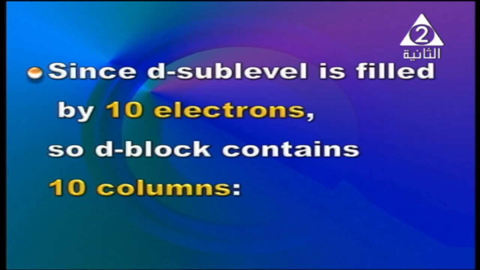Since the d sublevel is filled by 10 electrons, the d block contains 10 columns.